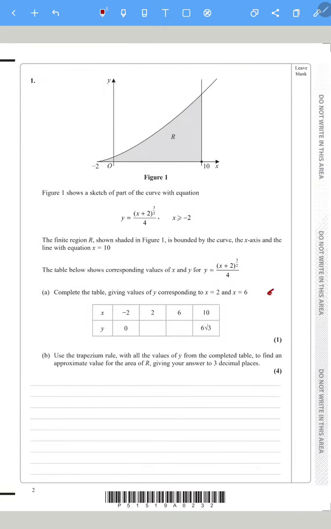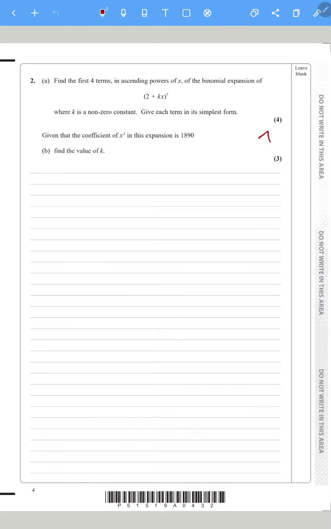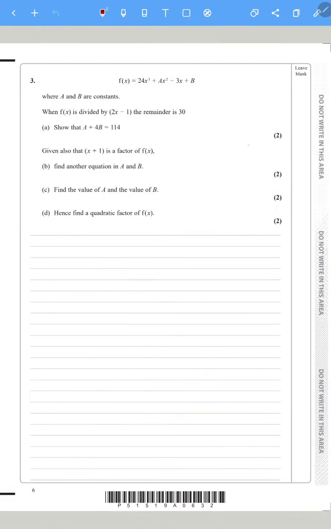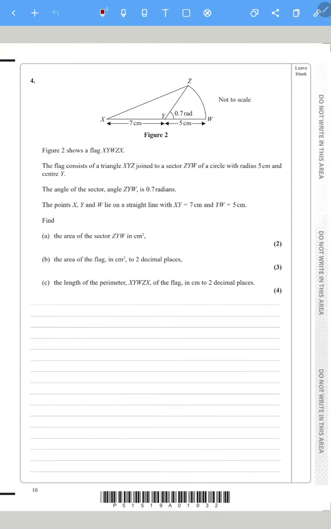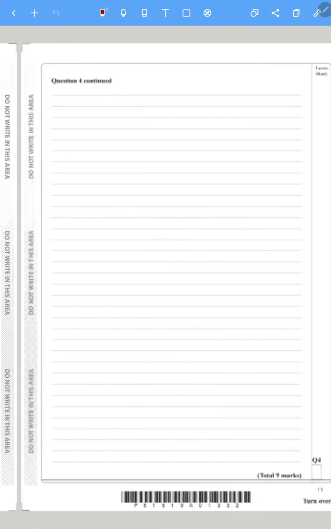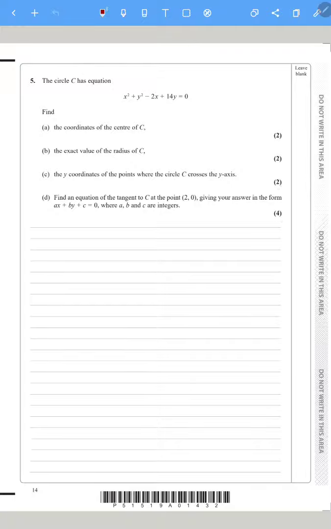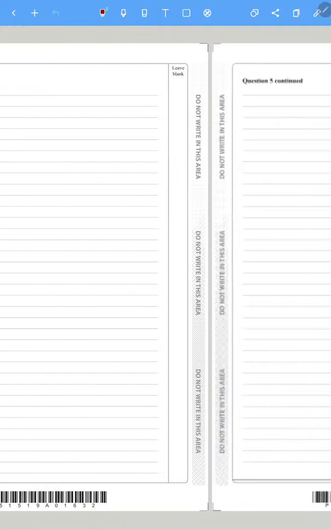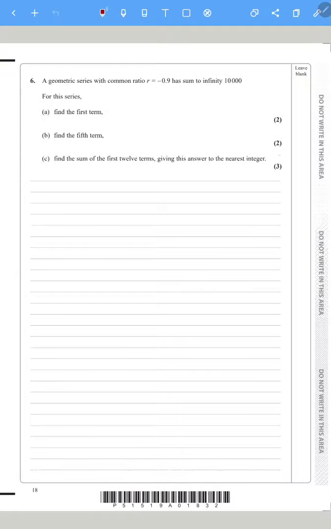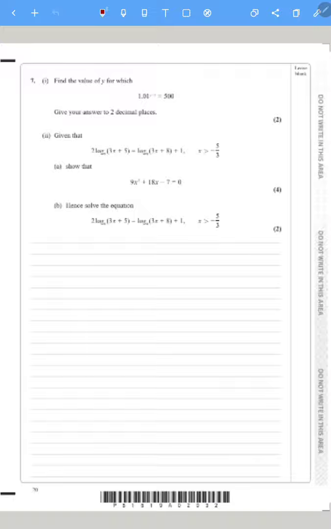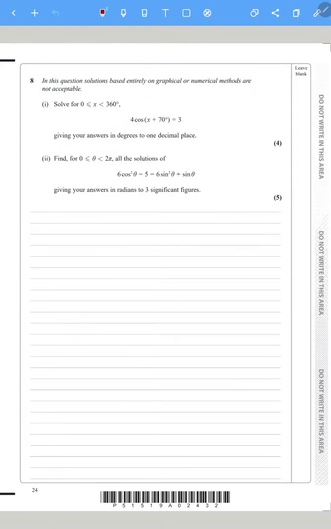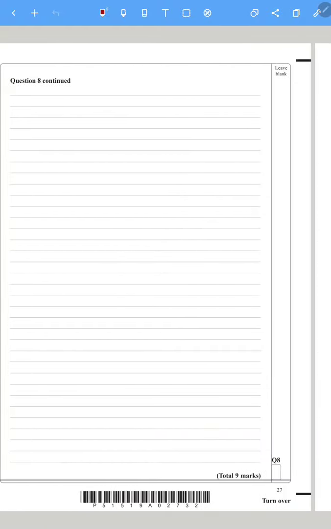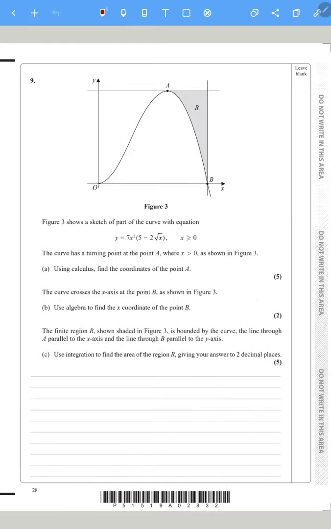So this one's worth 5, but this question looks like I can do very quickly. 5 marks, 7 marks, 2, 4, 6, 8 marks, 8 marks, 4, 7, 9 marks, Jesus, okay, 2, 4, 6, 10, so 10 marks on this one, 2, 4, 7, 4, there's 8 on this one, 9, interesting, 5, 10, 12.